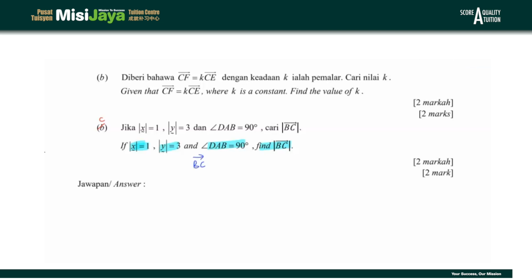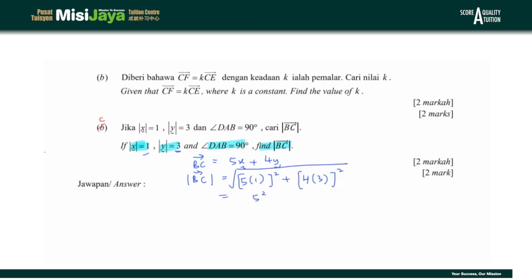Given BC is equal to 5x plus 4y. If they ask you to find the magnitude of BC, it means they ask you to find the distance of BC. How long is BC? So I'm going to use this 5, and this modulus x is 1, so it's 1, then square, then plus 4, and modulus y is 3, so it's 3, and you square it, and remember to square root the whole thing.